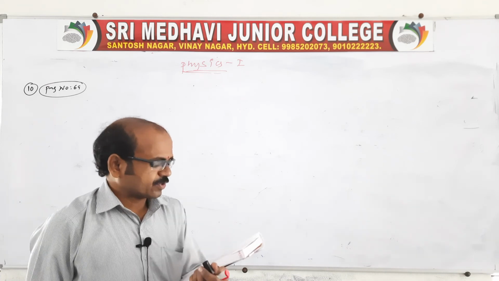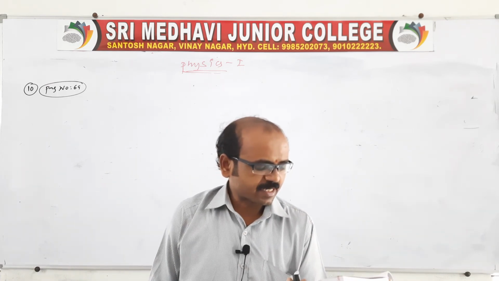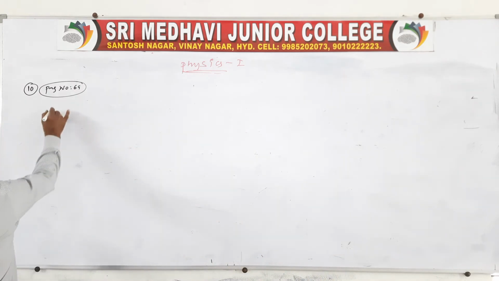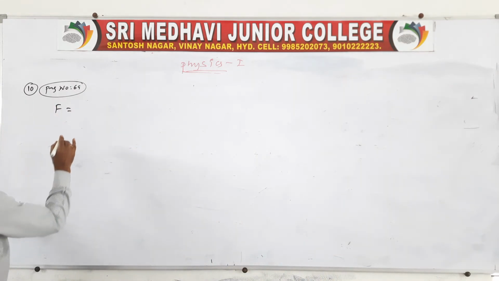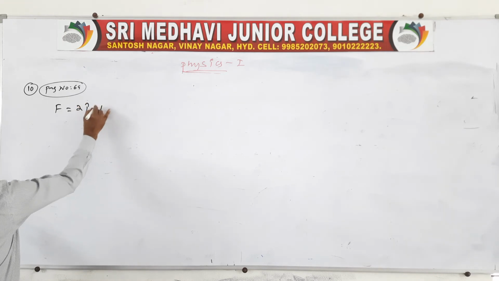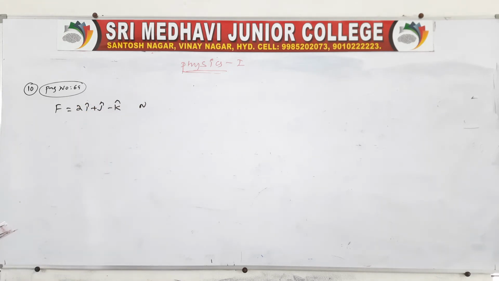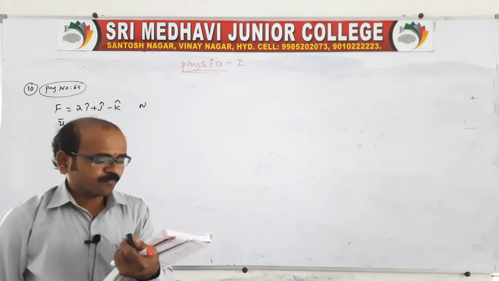There is a given question: a force 2i cap plus j cap minus k cap Newton acts on a body which is initially at rest. Initially at rest means u is 0.